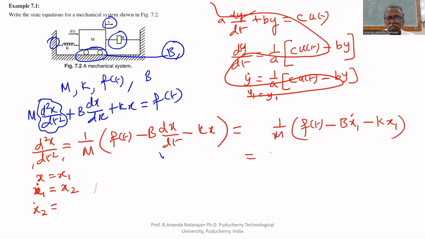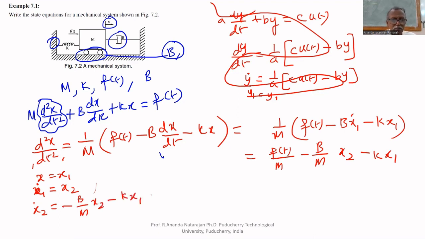This can also be written as f of t divided by m minus b by m x1 dot, equal to x2 minus kx1. Now we can write in state space model: x2 dot equal to minus b by m x2 minus k by m x1 plus f of t divided by m. That's all we got in state space model.